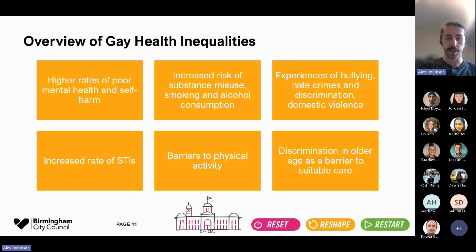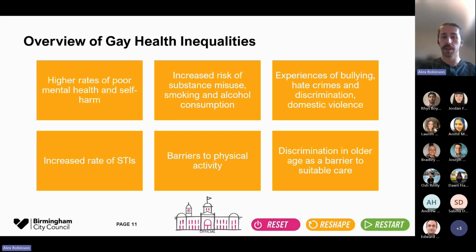Although I should say there are quite a lot of studies on the mental health of gay men, and statistics do vary quite a lot on that. But the general consensus is that the mental health of gay men is worse than straight men.